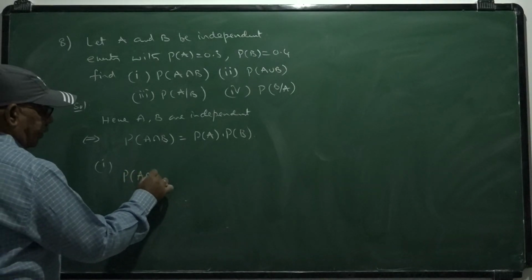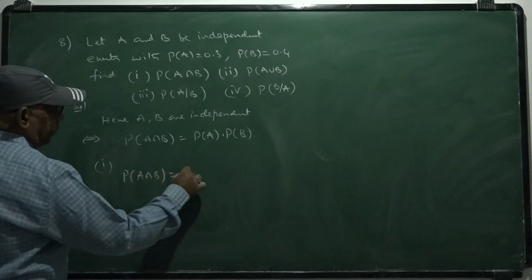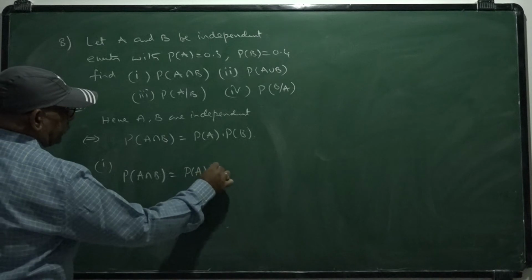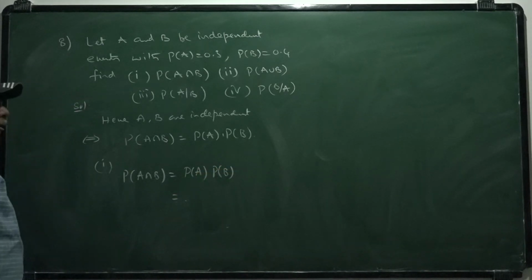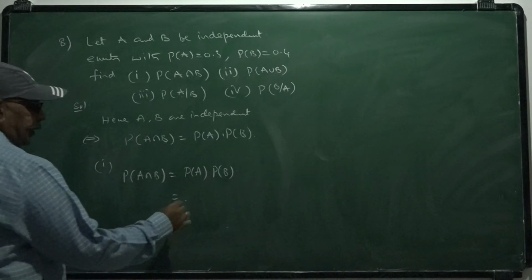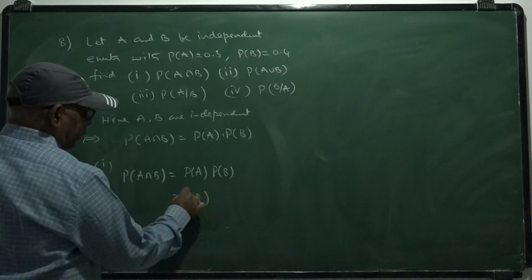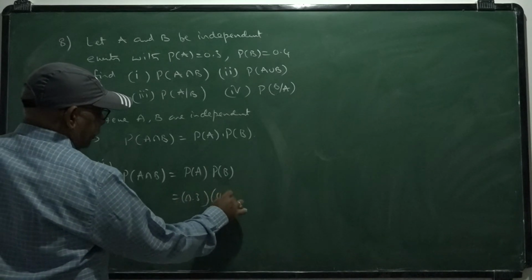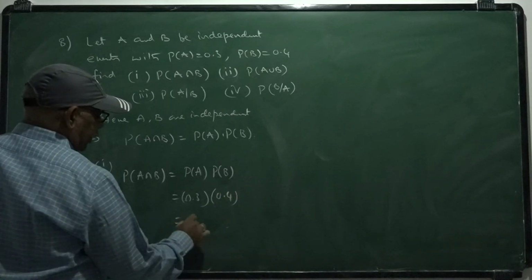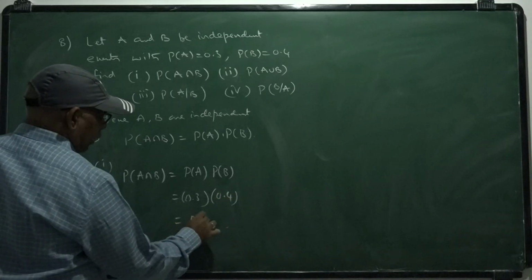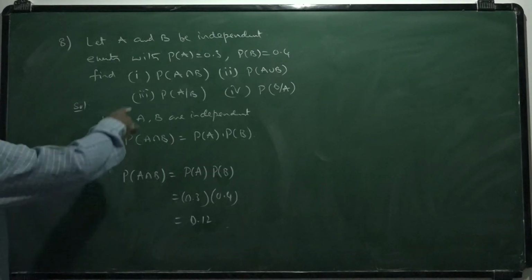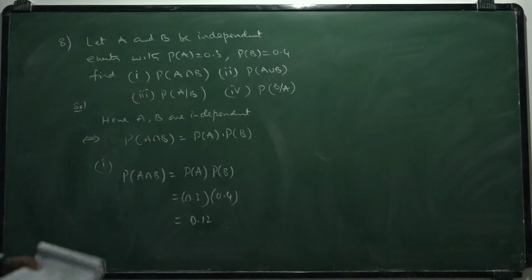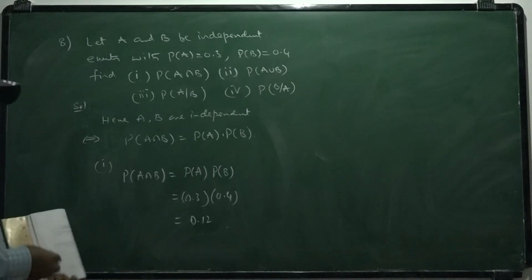Probability of A intersection B is hence P(A) into P(B), equal to 0.3 times 0.4. This is 0.12. The probability of the combined happening of A and B is 0.12.